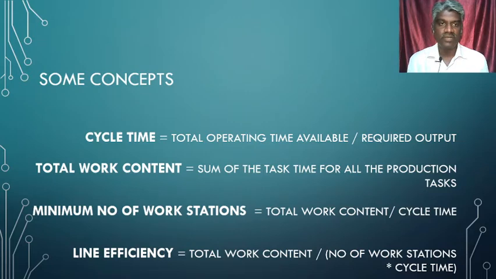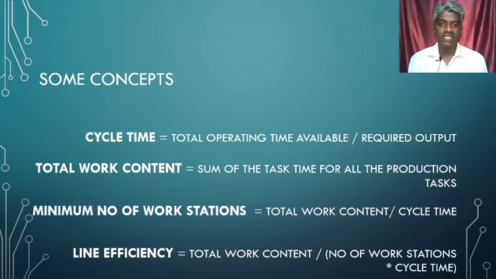The second one is the total work content, which is adding up the task time of all the tasks in the particular production area, the operations area. So if there are n number of tasks, we are going to add the task time of all these n tasks. Next is the minimum number of workstations, which is the ratio between total work content and cycle time.